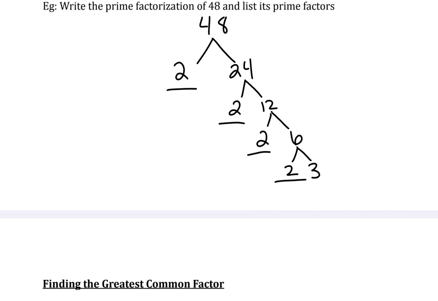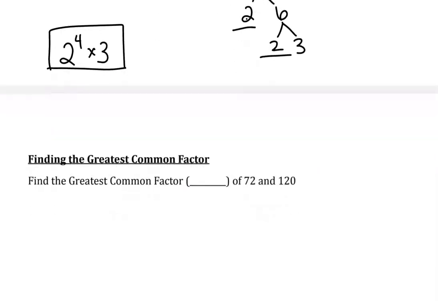So 2 times 2 times 2 times 2. Just remember with exponents, that's 2 to the power of 4 times 3. And that would be our prime factorization, because we have just prime factors. 2 is a prime factor and 3 is a prime factor.